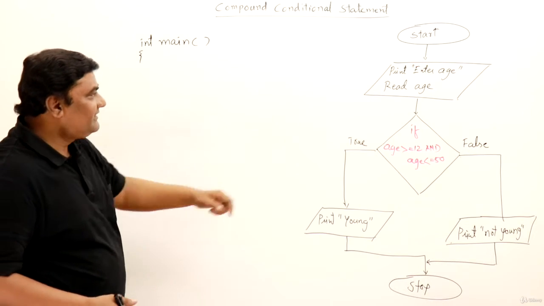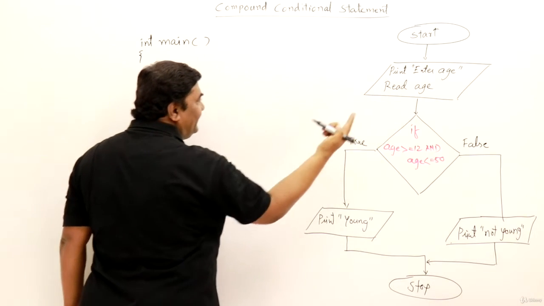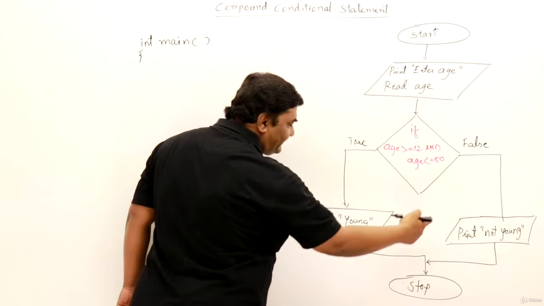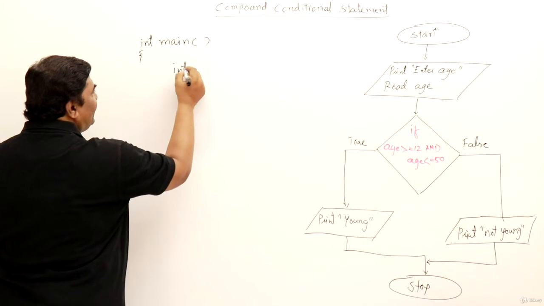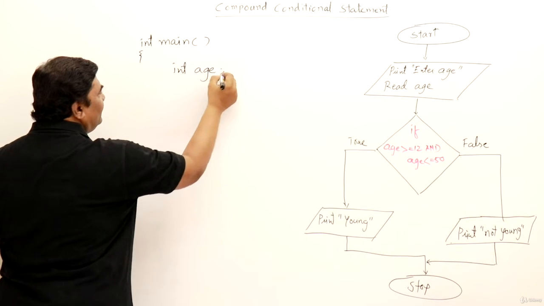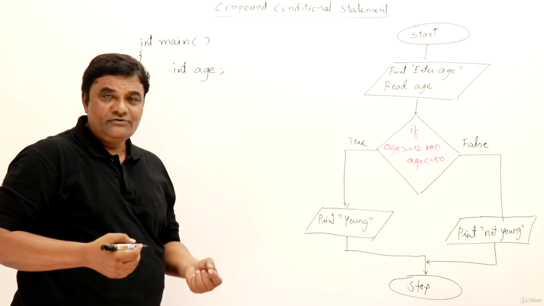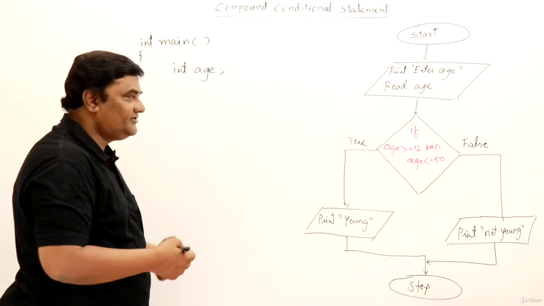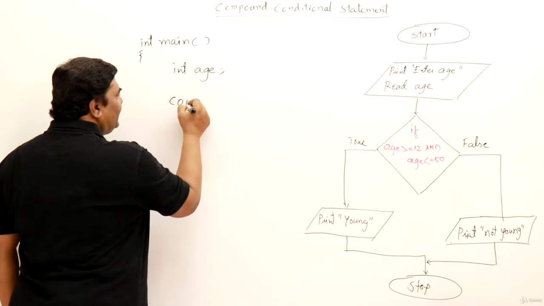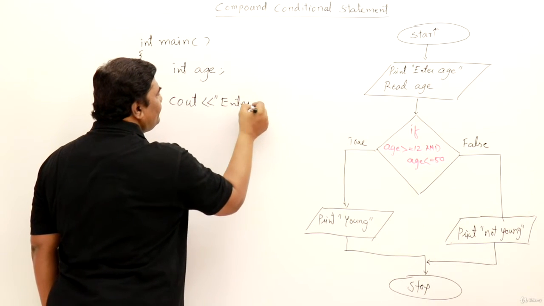Now let us convert this. What is the first thing? Enter age. It means there is only one variable required in this program, that is age. I should declare age as which type? Integer type, right? We will not take 12.5 years or 12.75 years; it is 12 years, or next is 13 years. So let us take it as integer. Then here I should give a message, cout enter age.